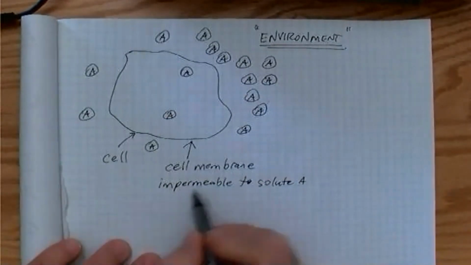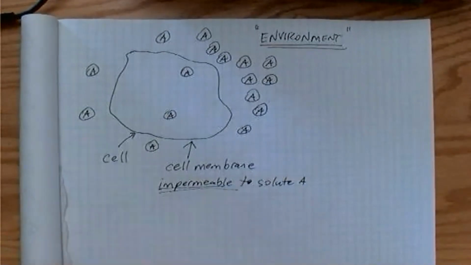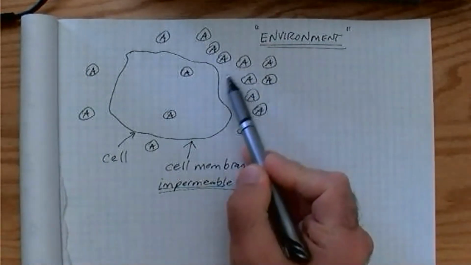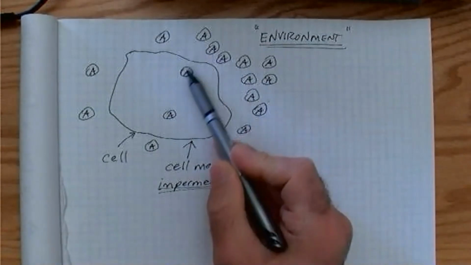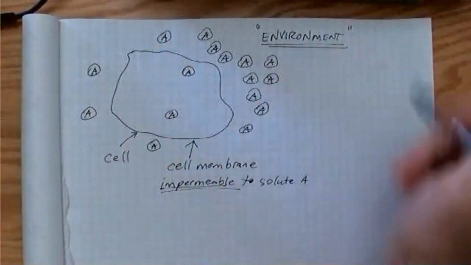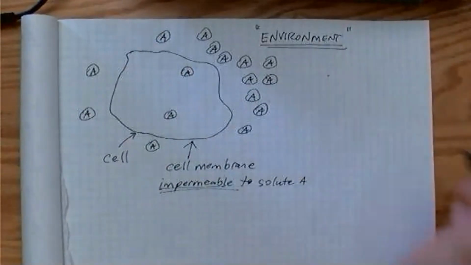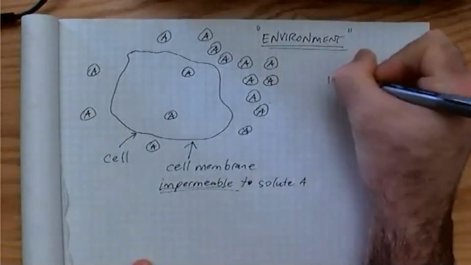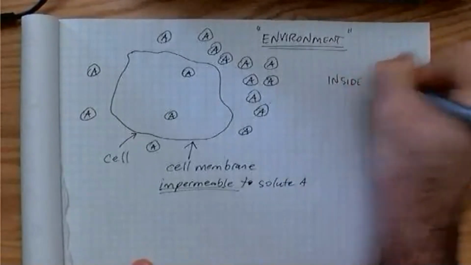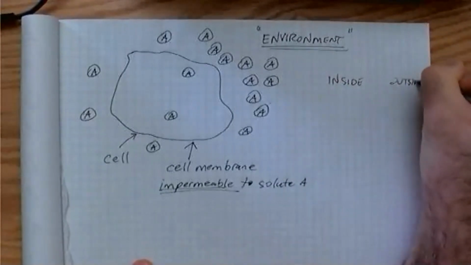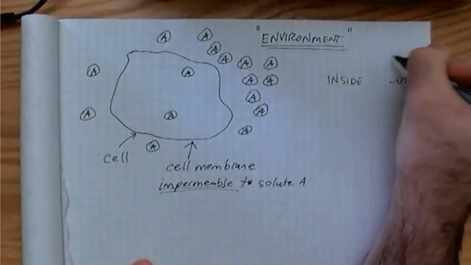So we know that this cell membrane is impermeable to solute A. We also know that nature has a way of achieving equilibrium, and all of these solutes are going to want to pass through into the cell to be able to balance out the concentration. So right now, inside and outside have a concentration difference.